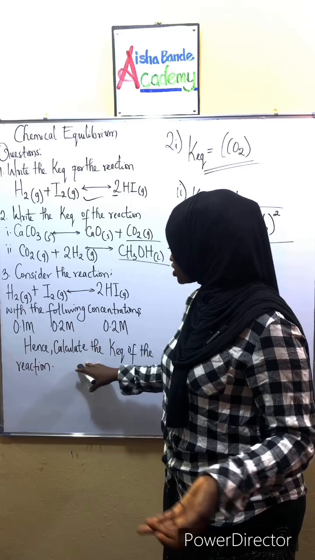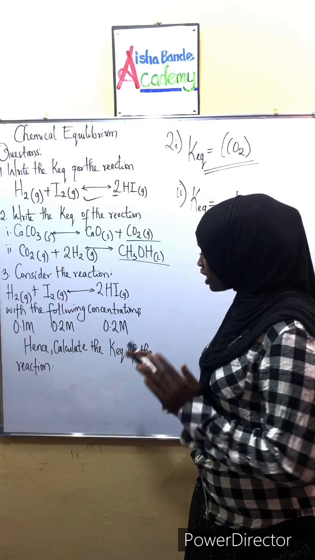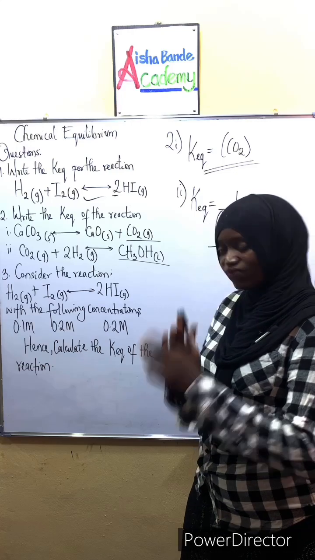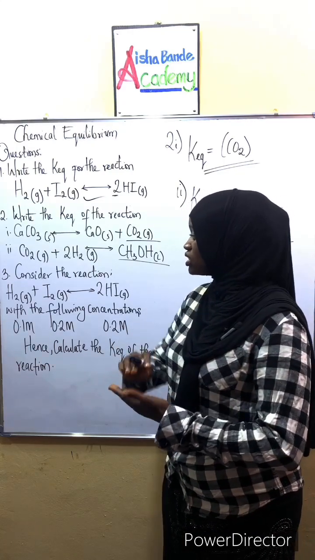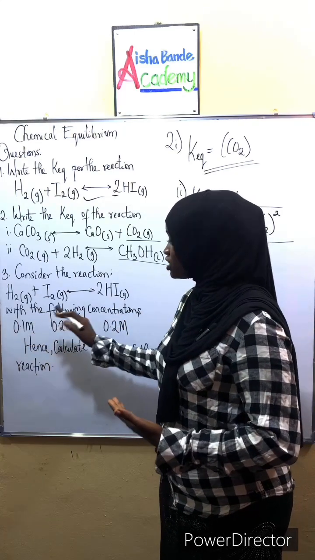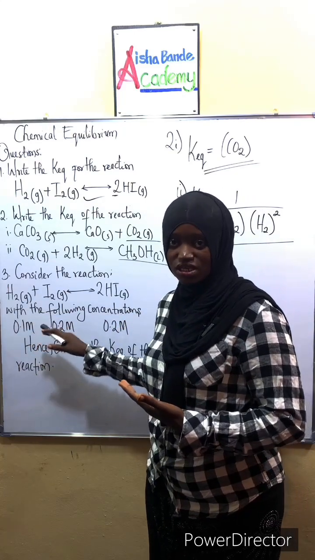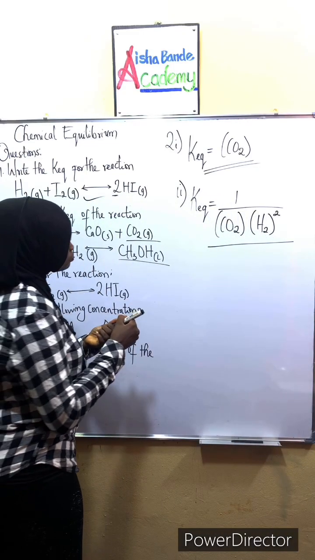So now the question is asking us to calculate the chemical equilibrium of the reaction. So for us to solve this, the first step we need to do is to write out the chemical equilibrium for the reaction first before considering the concentrations that have been given in the question.